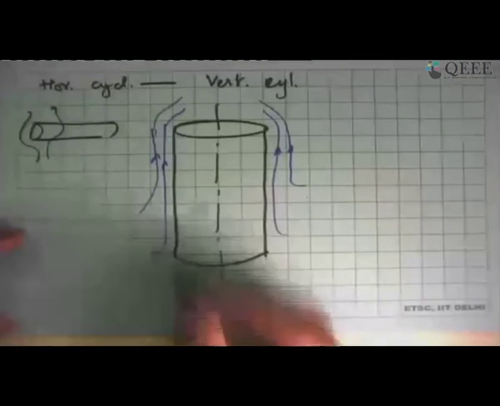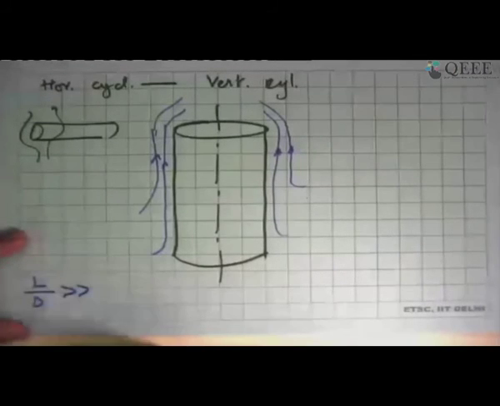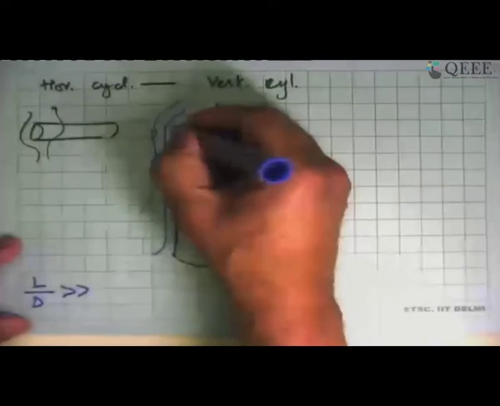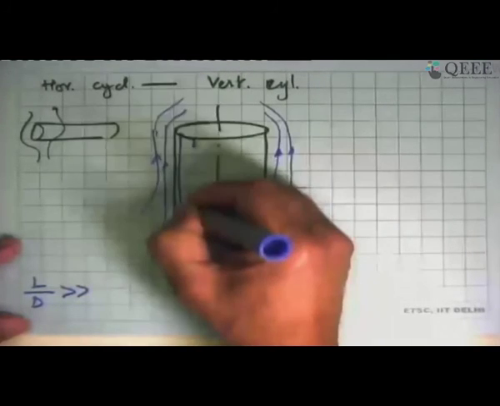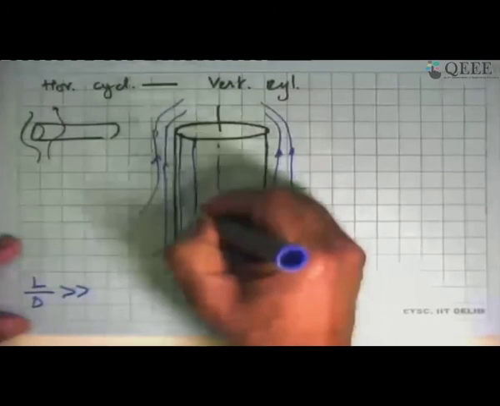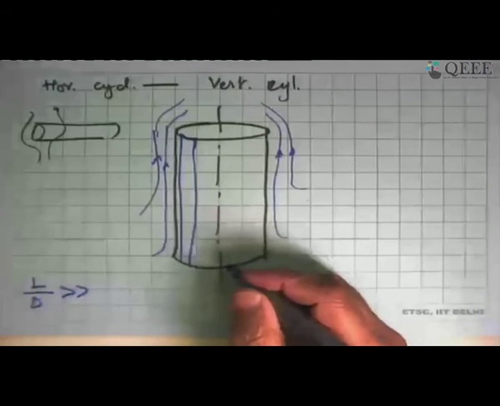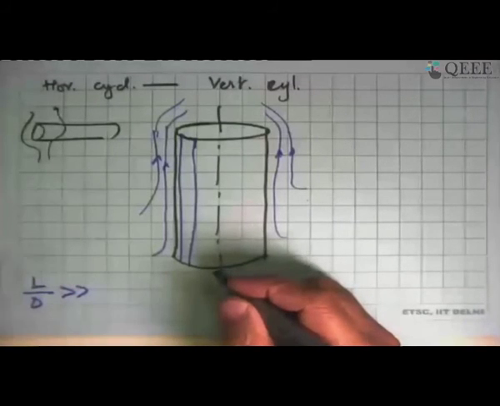And in case L by D is very large, greater than a certain number, then we can assume that the flow happening here, a small portion of this cylinder, can be approximated as a vertical wall, a vertical plate, and exactly the same correlations can be used over here.